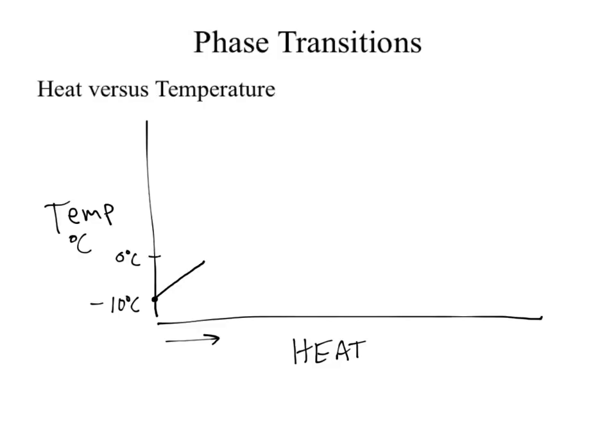To get it to move into the liquid phase, I have to provide it enough energy that it can start to mobilize and move. So what will happen is my energy or my heat versus temperature will now level, and it's going to flatten out until what happens? Until all of it has transitioned into the other phase.